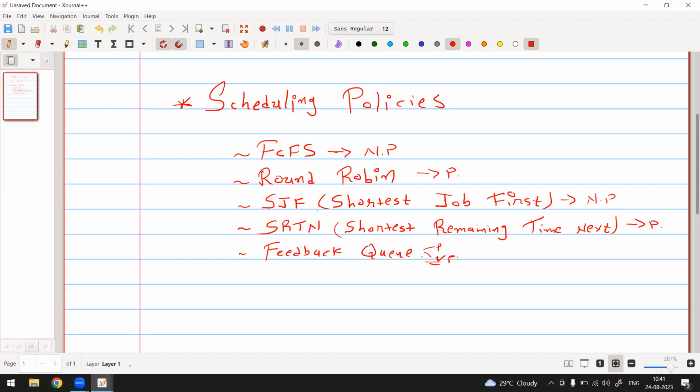So what we will do is we will see each policy with one example, and at the end of learning the policy we will see which kind of effect it has on certain parameters of the operating system.